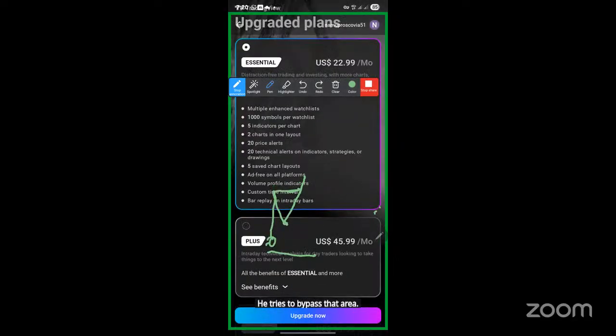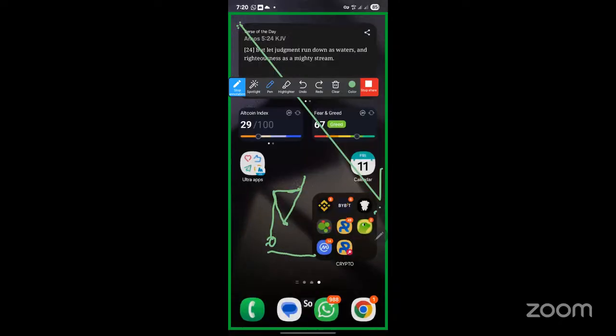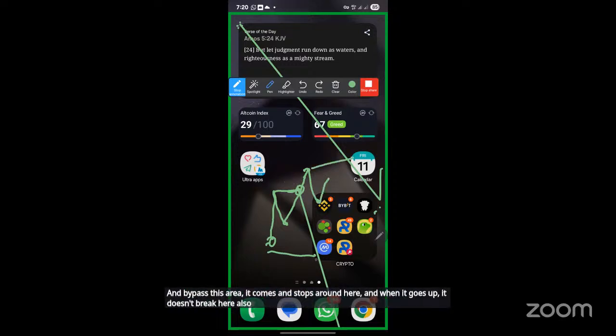It's also disturbing. So it fails to bypass this area. Instead of coming back and bypassing this area, it comes and stops around here. And when it goes up, it doesn't break here also. So that makes it a ranging market.